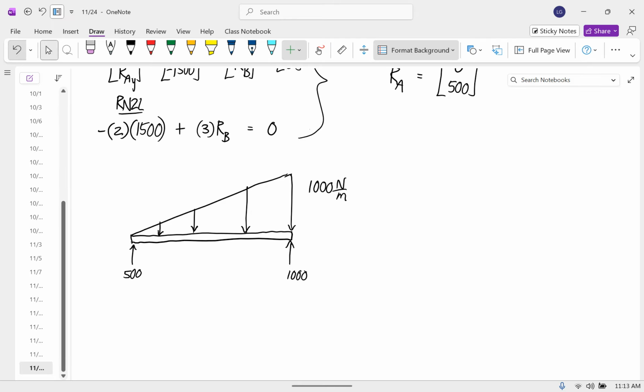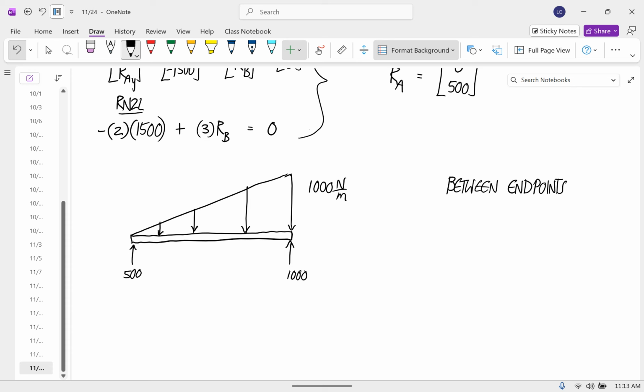Okay. So we don't turn it into a point force only once you choose your cut. So we will eventually, but you don't do that while you're trying to figure out how many cuts you need. Okay.